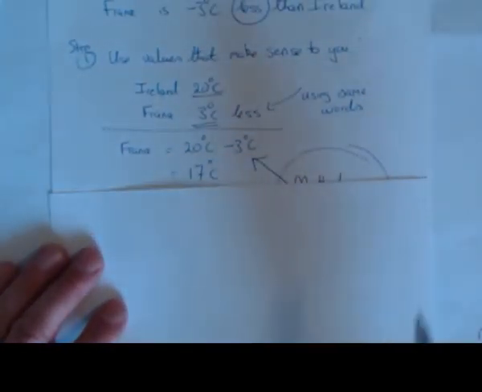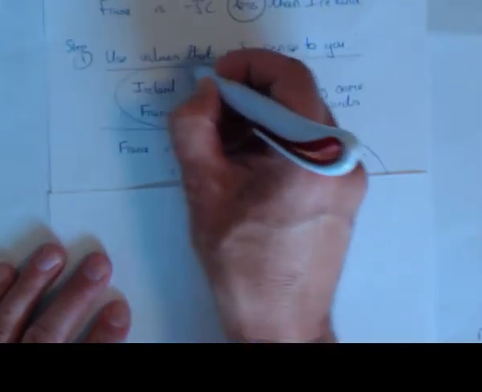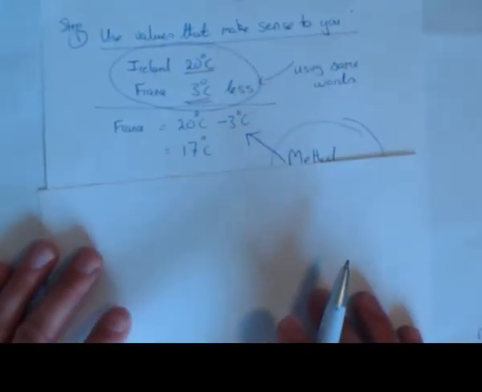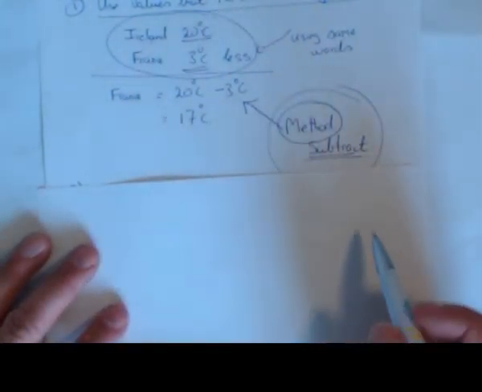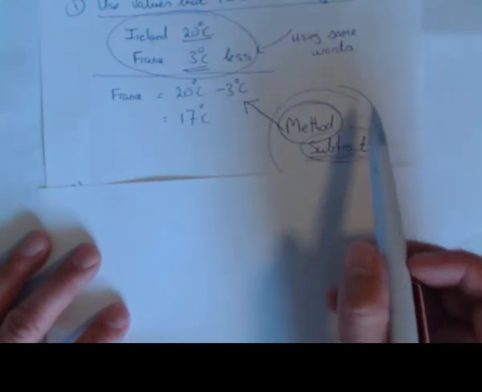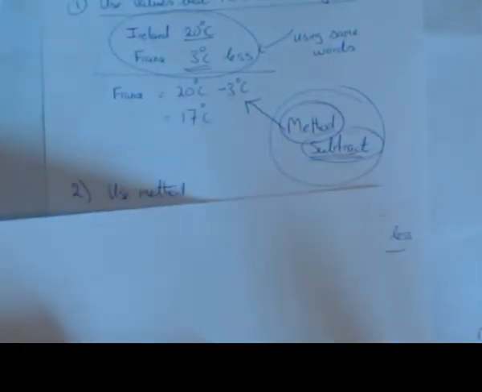Okay, so these are the steps. Use values that make sense to you to work it out. Work out what you do. What is your method? And your method here is to subtract how much less it is from the temperature in Ireland.